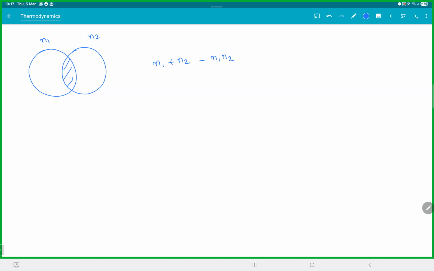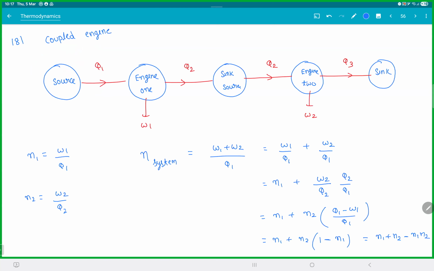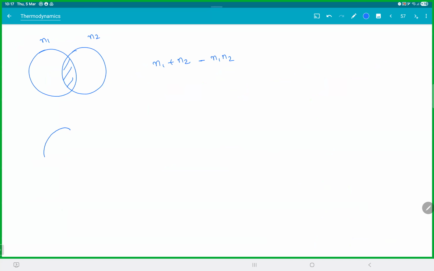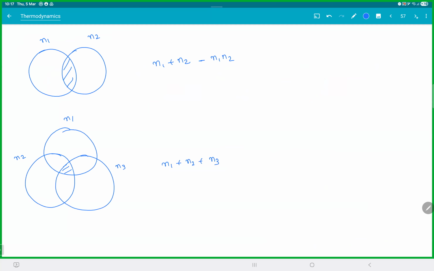Now using the same logic, what if I have 3 engines? If you have engine 1, engine 2, engine 3, can you guess how will the answer look? Then you have a Venn diagram with 3, right? Then what will be the area of this thing? Eta 1 plus eta 2 plus eta 3, but you counted this area in the middle 2 times.